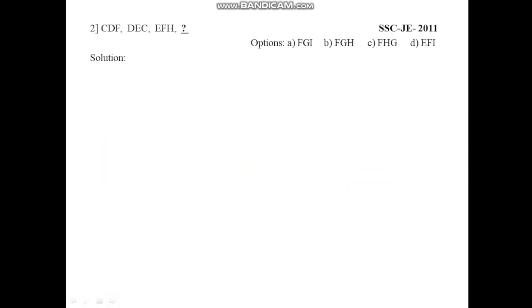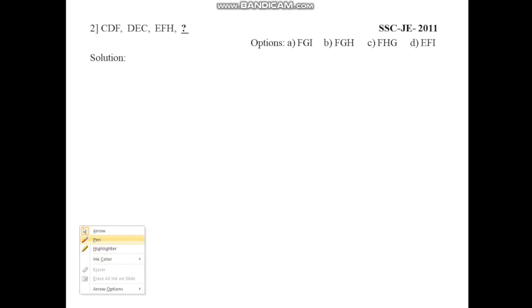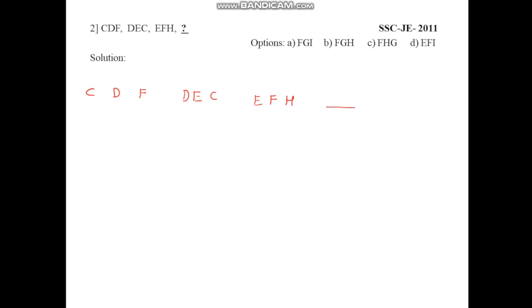Again you have to find the missing letters. The question is CDF, so I will write this down. The first group is C, D, F, the second is D, E, C, and the third is E, F, H, and we have to find the next group of letters.